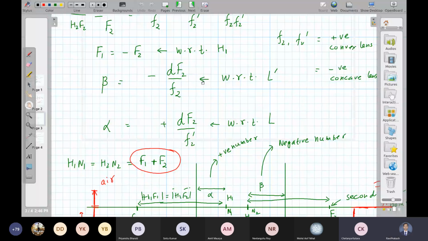Alpha is positive divided by negative, since the concave lens is placed below. So now both alpha and beta are negative. What does this mean? H2 is on the left of the second lens. H1 is on the left of the first lens. Okay, so the procedure is not going to change. The formula remains the same. According to the type of your lens, these numbers will decide where your points will sit.